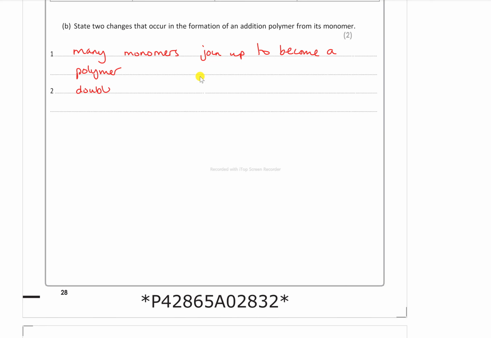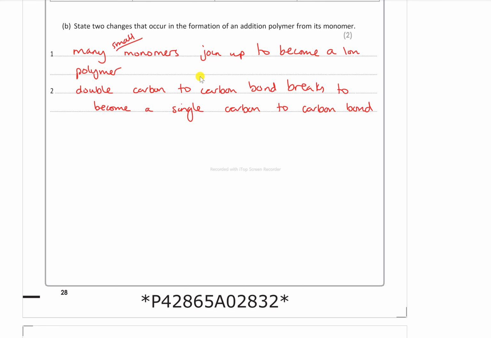The most obvious thing that happens: the double carbon to carbon bond breaks to become a single carbon to carbon bond. And it goes from many small or short chained monomers to become a long chain polymer.